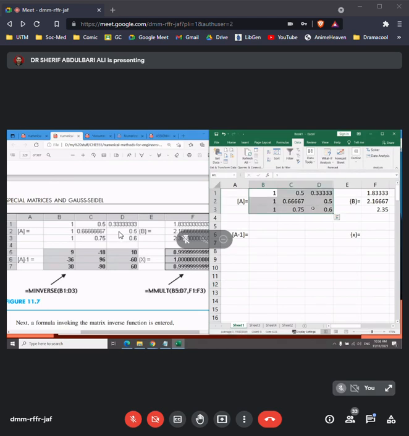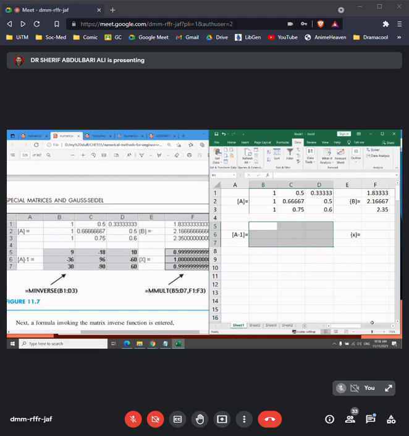Since this matrix is 3 by 3, I need to highlight 3 by 3 cells in Excel. When you highlight, don't click anywhere. If you highlight and then suddenly click up here, you're not going to get the answer. You need to highlight and keep the same view like this.